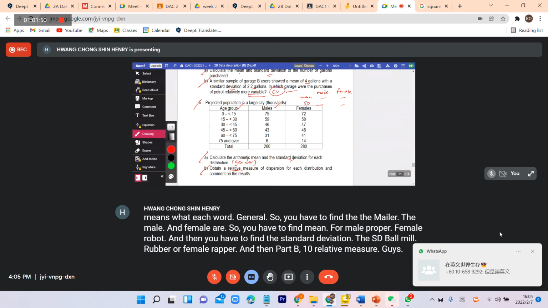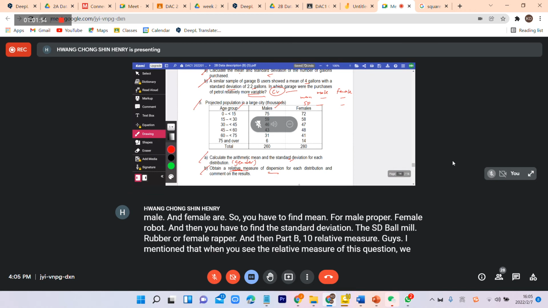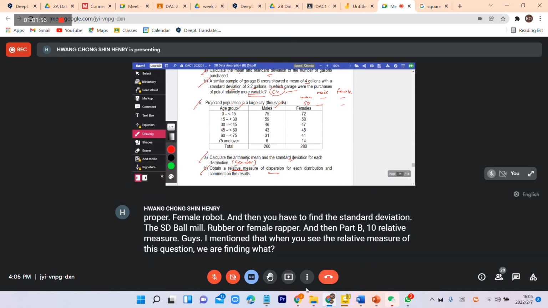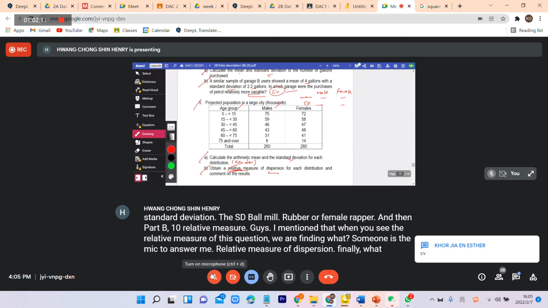Guys, I mentioned that when you see the relative measure of dispersion, we are finding what? Someone use the mic to answer me. Relative measure of dispersion, finding what? CV.